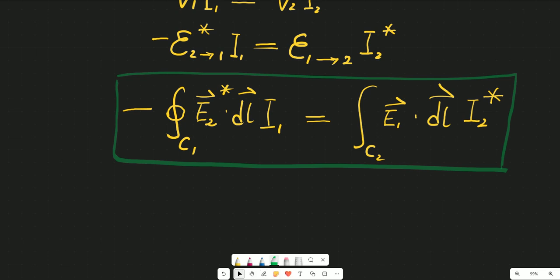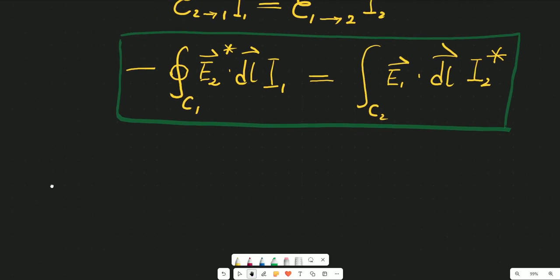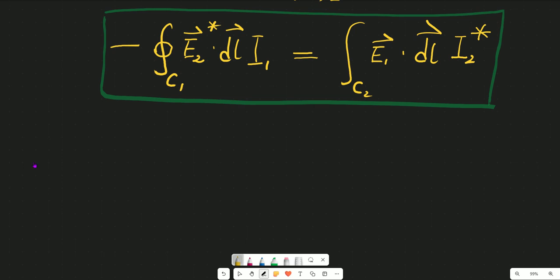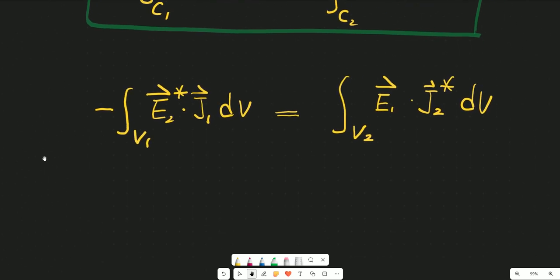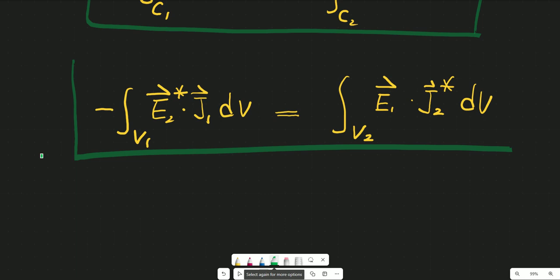This can be also continue to writing down as, now we can see this is the energy conservation law.